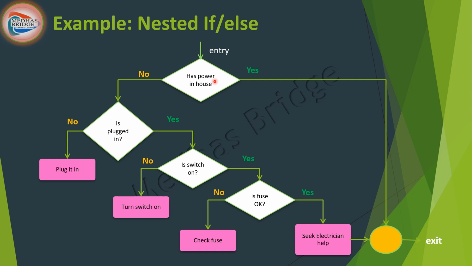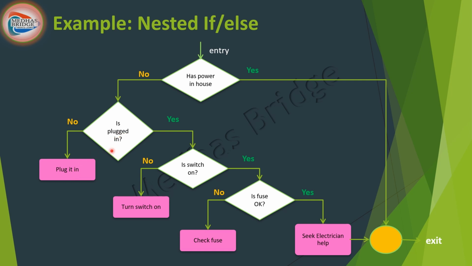You are debugging what the issue is so that you can fix it. If the case is no, then you come here. Now you are checking whether the power is plugged in or not. If it is no, then you go and plug it in, right? If you don't plug that in, you don't get power anyway. So that is a kind of solution.